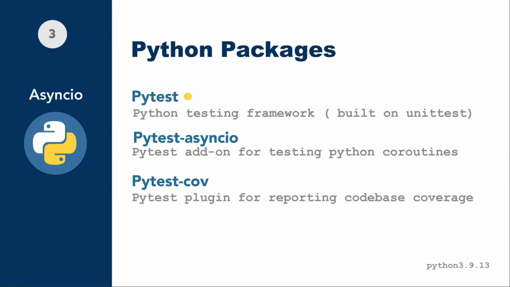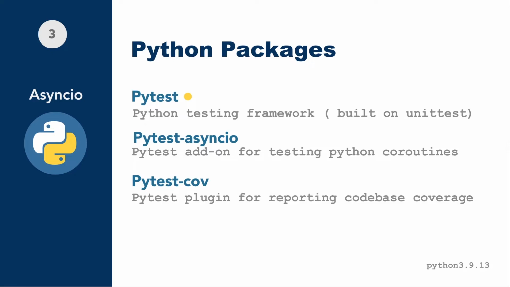We will also use pytest-asyncio, which is an add-on that extends pytest for testing Python coroutines. And we also have pytest-cov. The pytest-cov is dependent on the package coverage. It's a plugin for reporting code-base coverage.